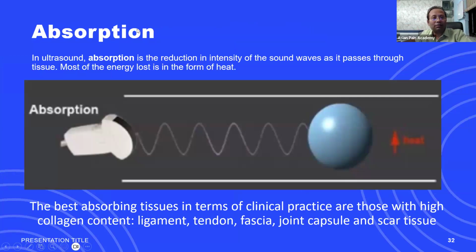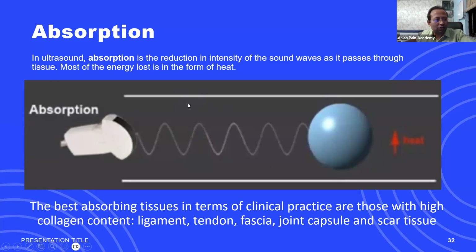Another phenomenon is absorption. There can be some structure where nothing is reflected, completely nothing. So what will happen? The picture will become jet black, and the whole sound wave is absorbed.